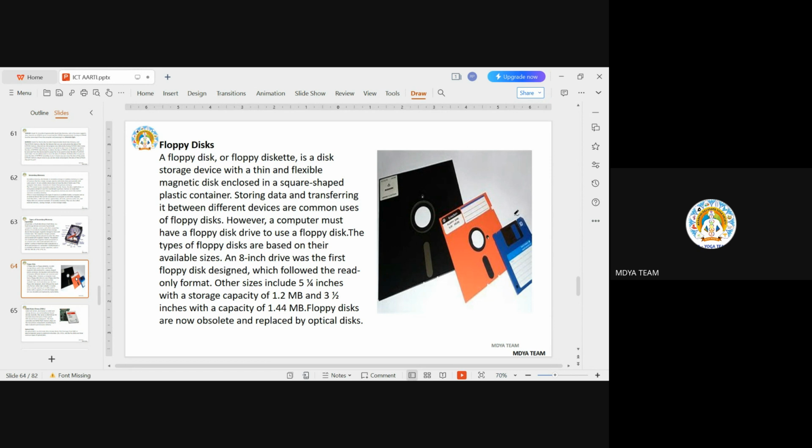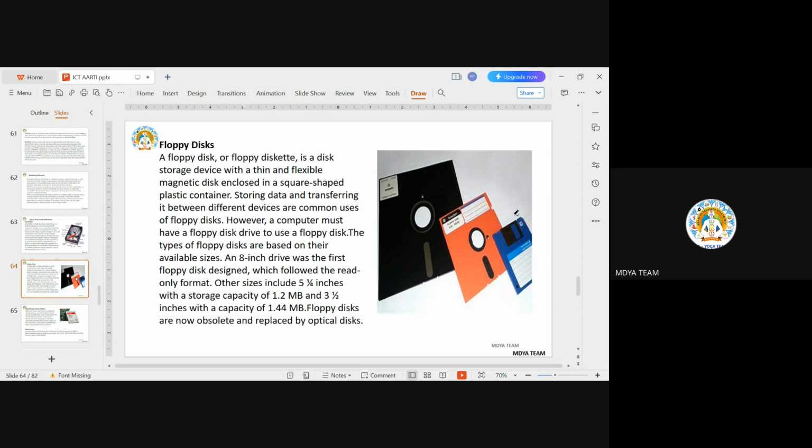Storing data and transferring it between different devices are common uses. We can store data in a floppy disk and transfer the data. When we save data on one PC, we can use it on another PC also.